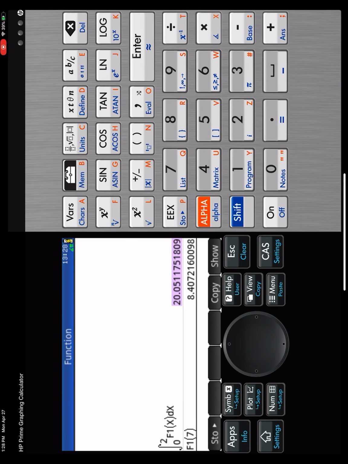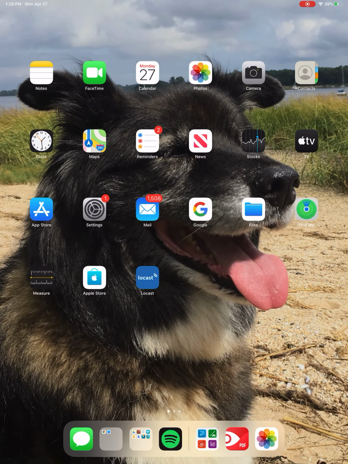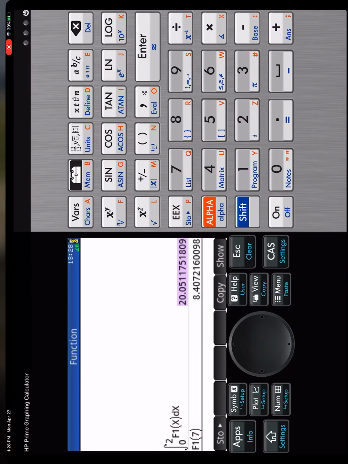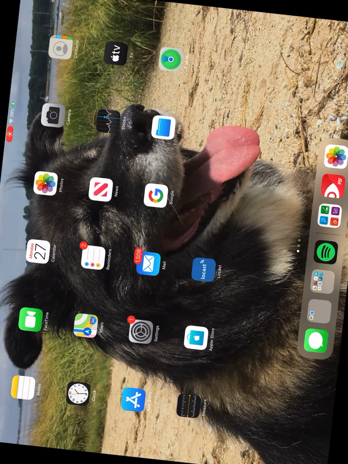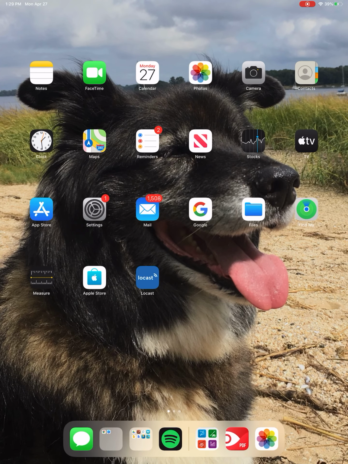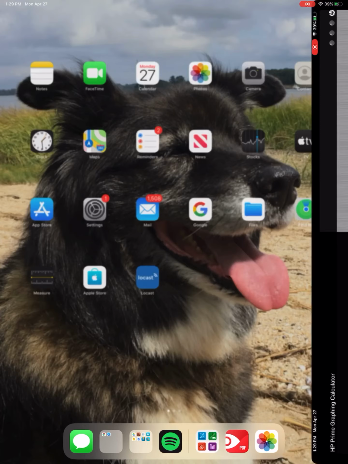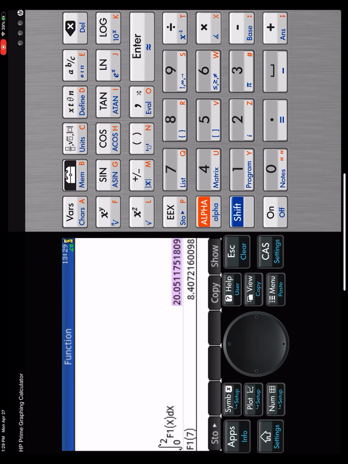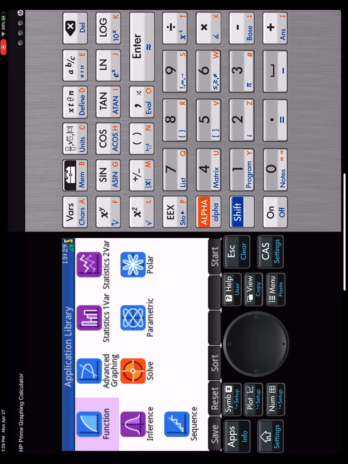One of the things you had to be able to do is put it in here. So we're here like this, and then you want to go into your apps, and hit enter into functions.